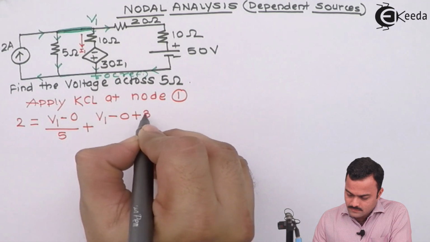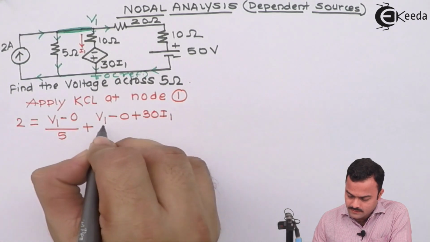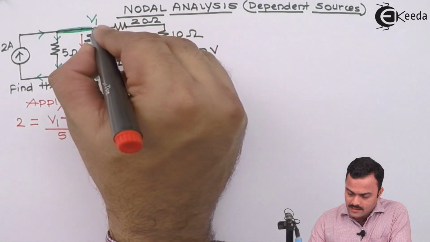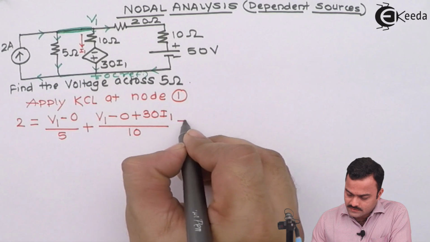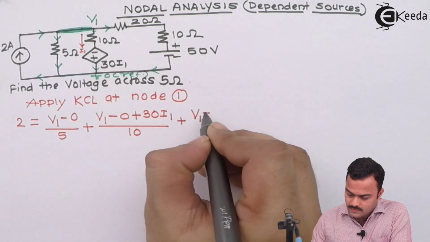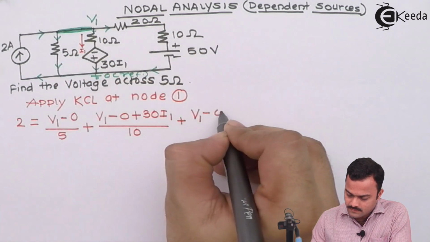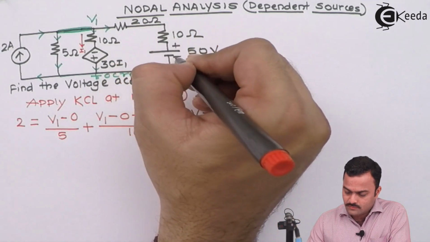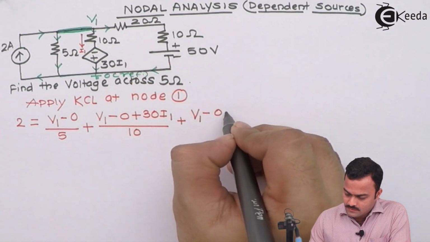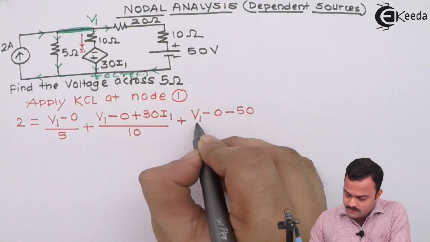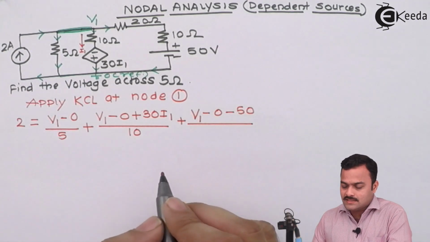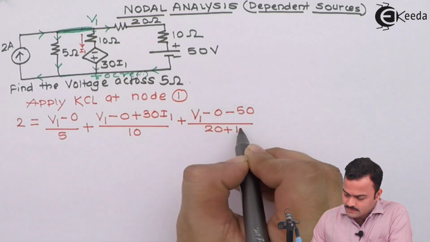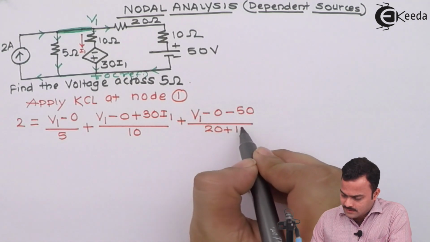So plus 30 I1 divided by the resistance of this branch, which is 10. And this is also outgoing, starting at V1 and ending on the reference, that is 0, and in the current direction the voltage changes its polarity from plus to minus, so it's a voltage drop. So minus 50 divided by the total resistance of this branch, which is 20 plus 10.